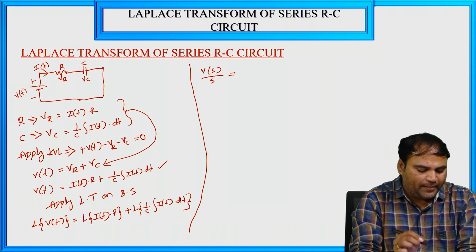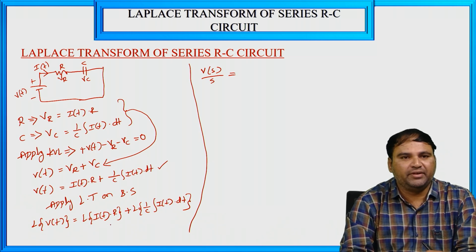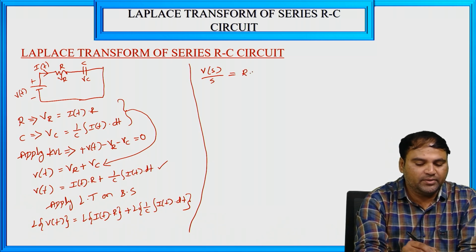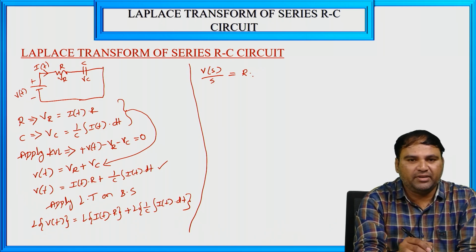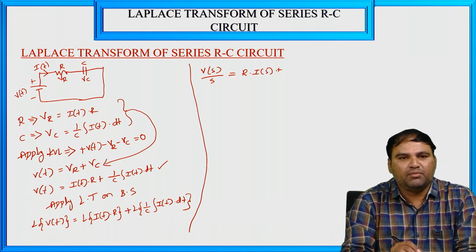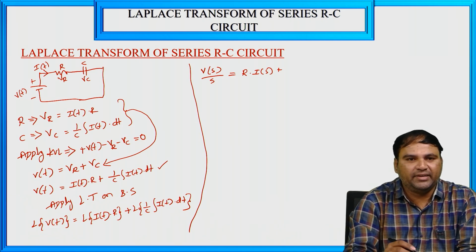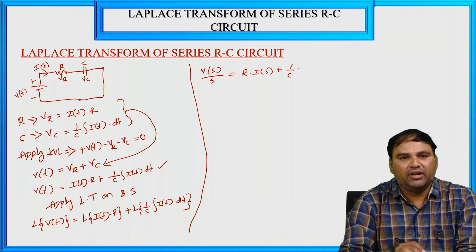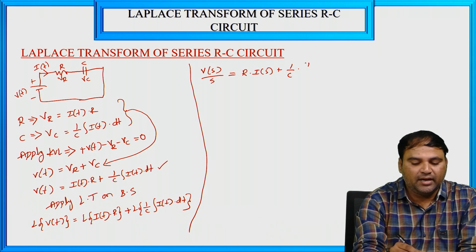In R times I of t, R is constant, so R into I of s, plus, in the integral term, 1 by C is constant, and the Laplace transform of integral I of t dt is I of s divided by s.